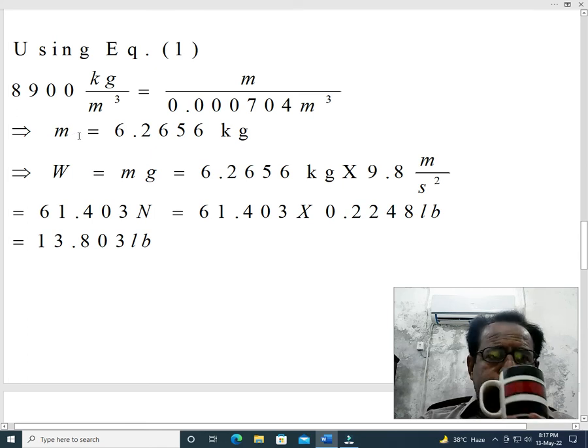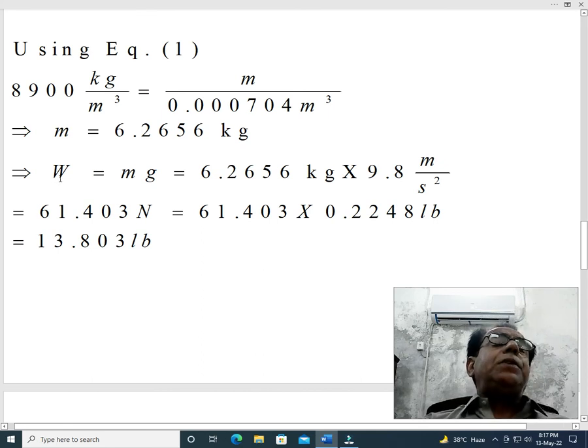Next we will find W equal to mg. Okay, according to Newton's second law of motion, which gives us the formula F equal to ma. So that formula has been applied here in a slightly different manner. So weight W will become equal to this mass into acceleration due to gravity, 9.8 meter per second square.